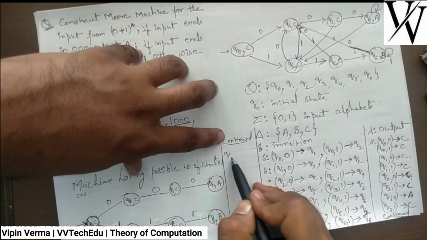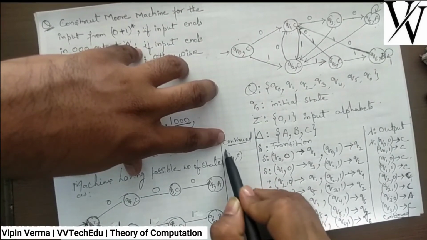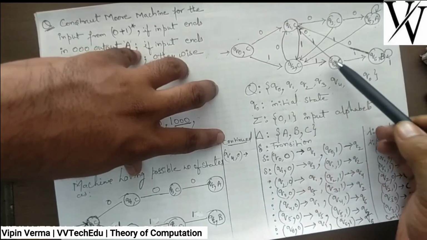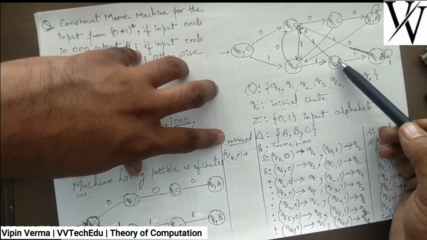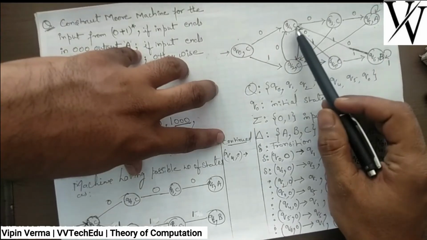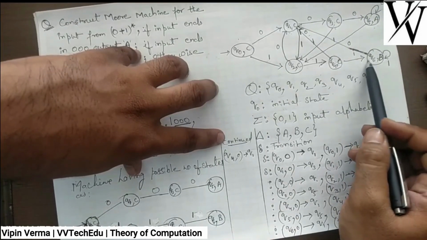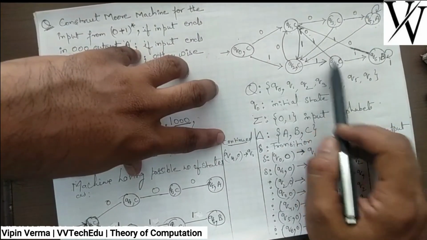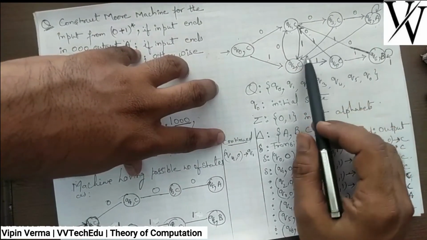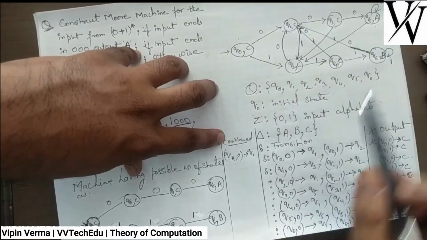At Q4 state for 0, Q4 स्टेट पर 0 के लिए ट्रांजिशन है आपका, आपने जो ट्रांजिशन यहाँ डिफाइन किया है 0 के लिए, दैट गोज टू Q1 state, and Q4 with 1 is not for this transition, this one is for the transition from Q3 to Q2, not for Q4 to Q1.